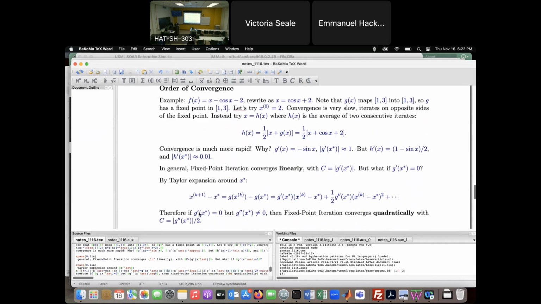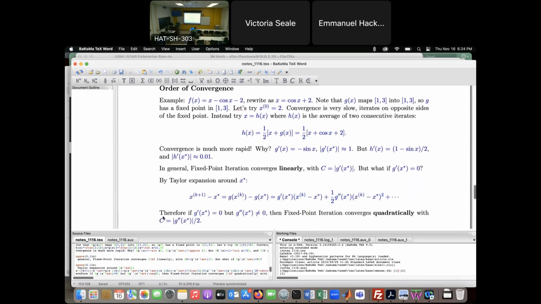So if g prime at the root is 0, but the second derivative is non-zero, this term would go away. Now the leading error term is this term, and notice we have (x_k minus x star) squared. So if g prime is 0 at the fixed point, then fixed point iteration converges quadratically. So a whole lot faster.